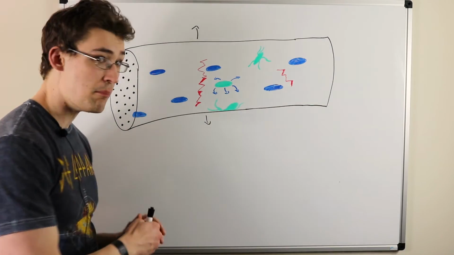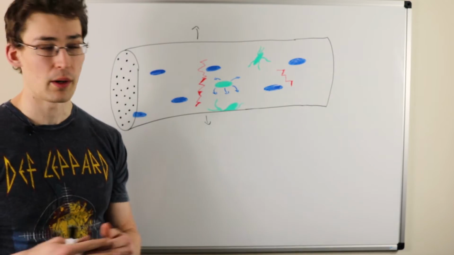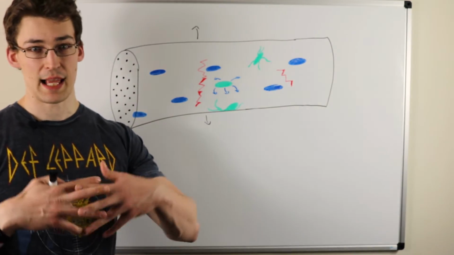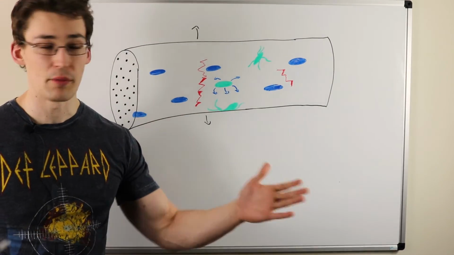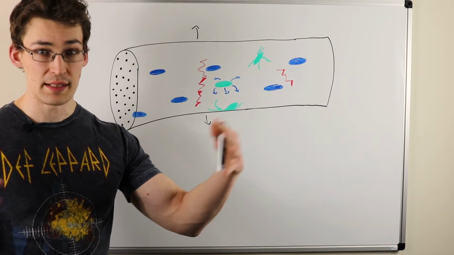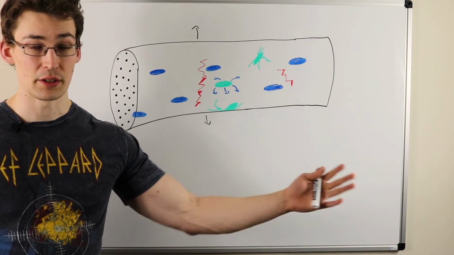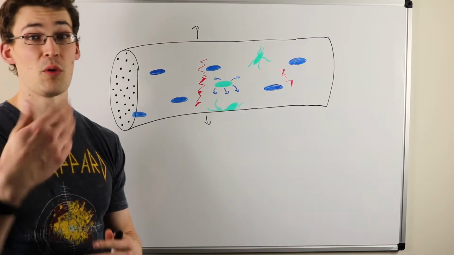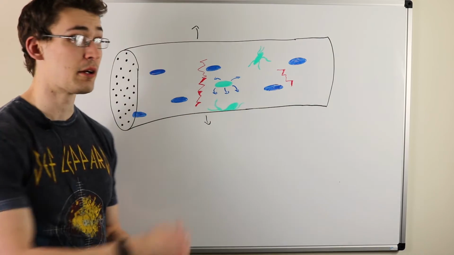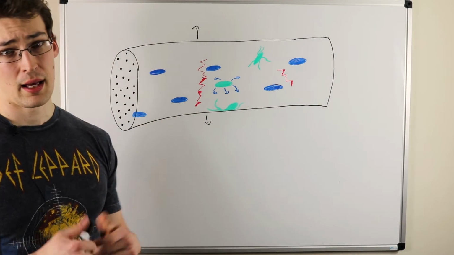So more myonuclei leads to a smaller area that each is responsible for, and then as the muscle continues to grow, it's going to enlarge until you get to a point where you need more myonuclei, and they keep integrating.